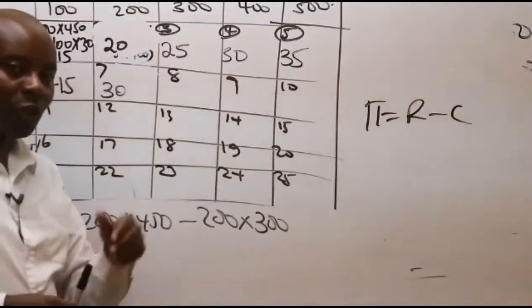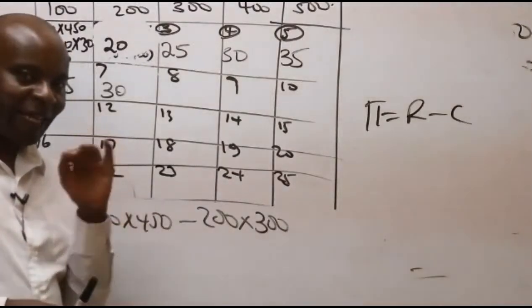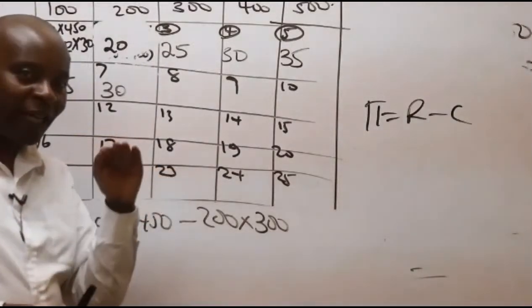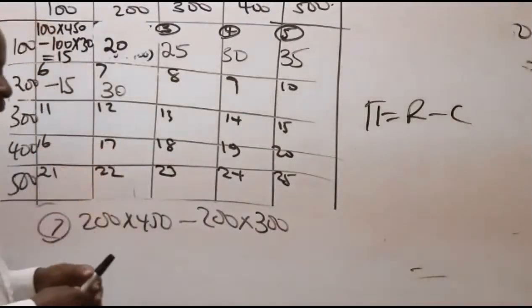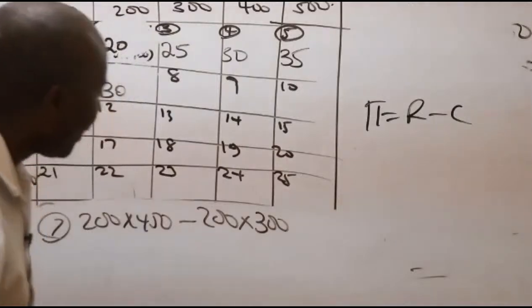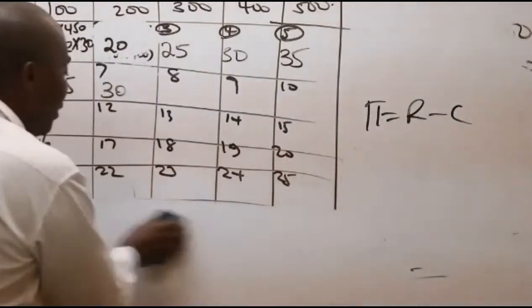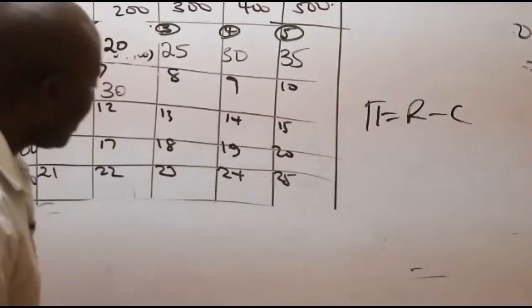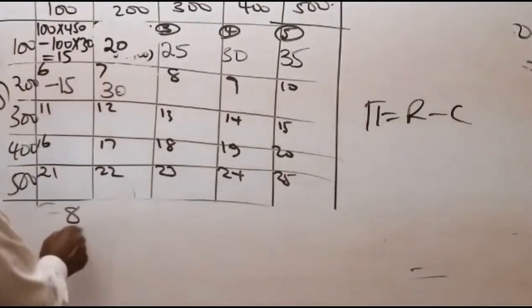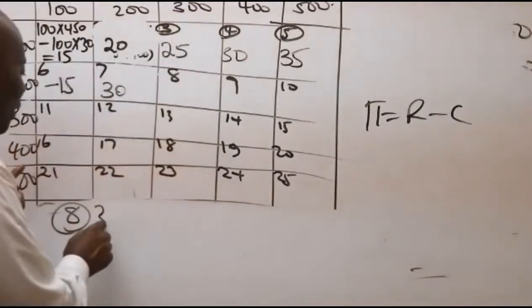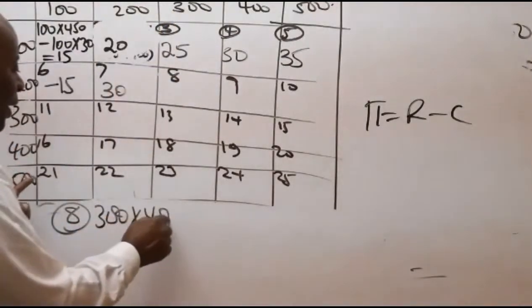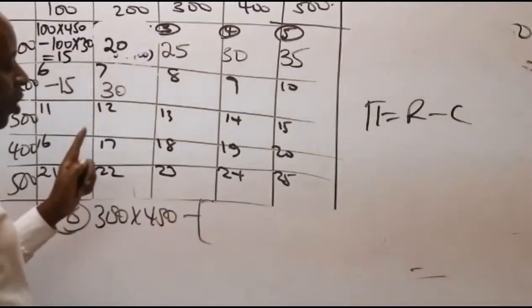to our production and produce some fresh order to cover the excess demand. So for cell number 8, I'll sell the higher: 300 times 450, minus our cost of production.